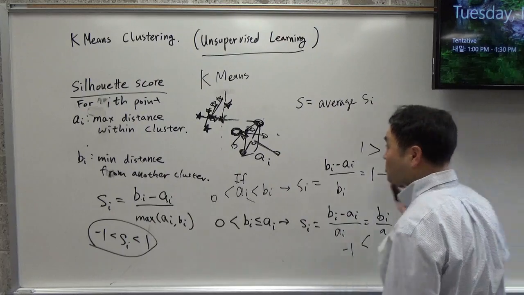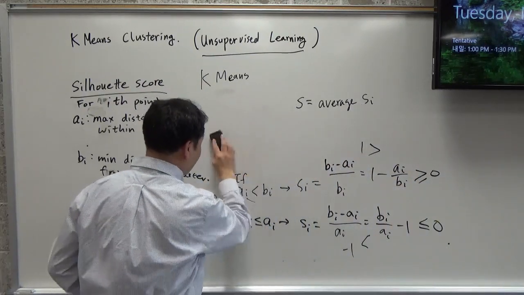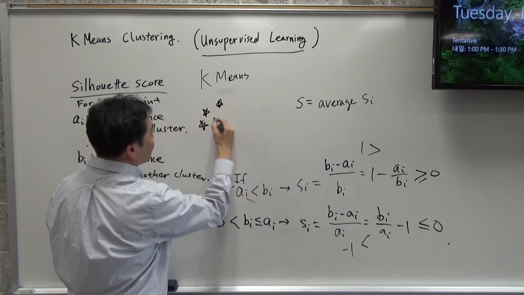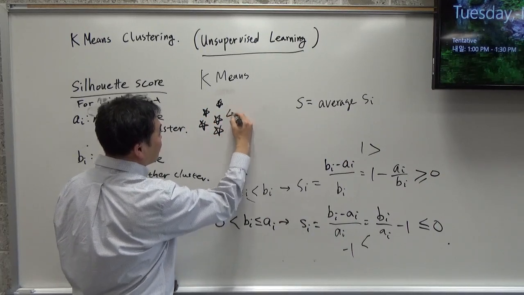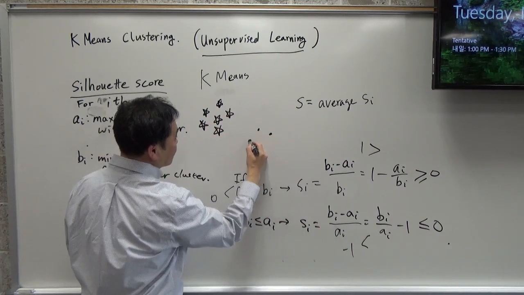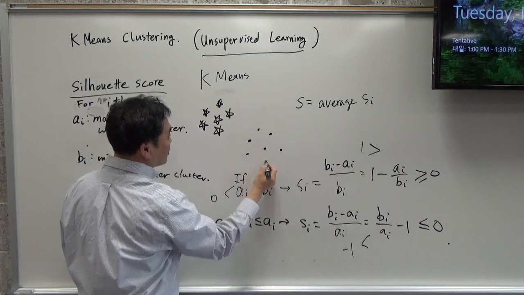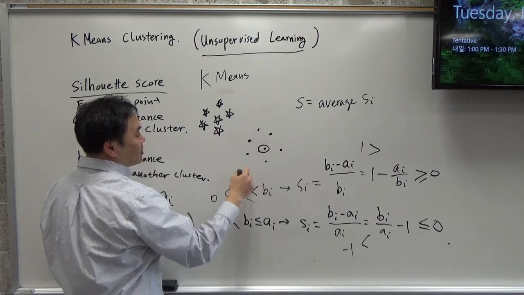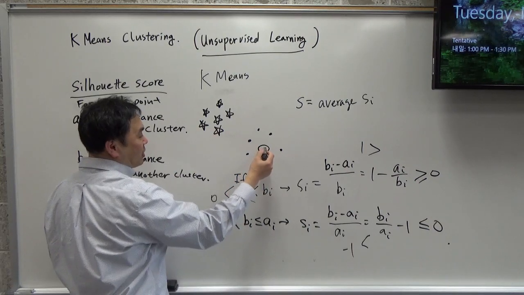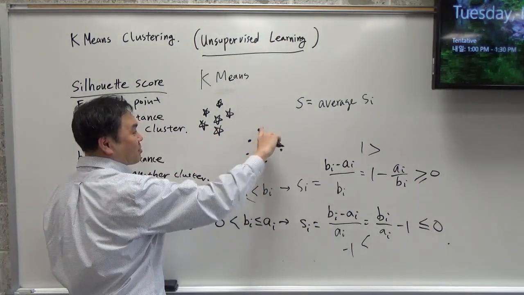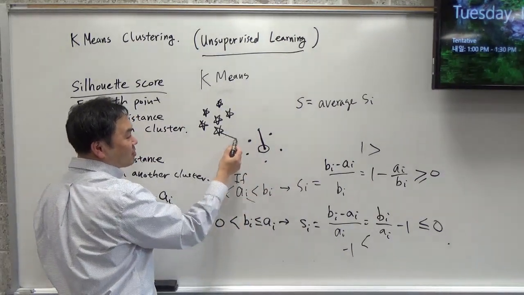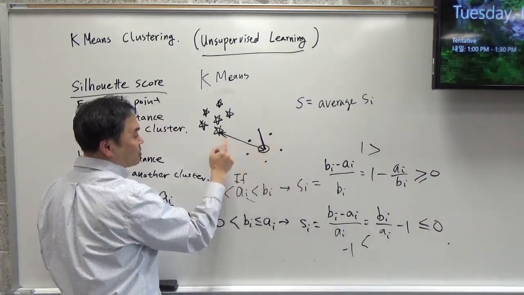But for most of the points, if it's clustered well, the picture is a bit hard to see, so let me draw this again. Let's say the K-means clustering succeeded in making these clusters. Okay? Then for this point, AI would probably be this one. That's the largest distance. Whereas BI would be this value. This is the closest one.